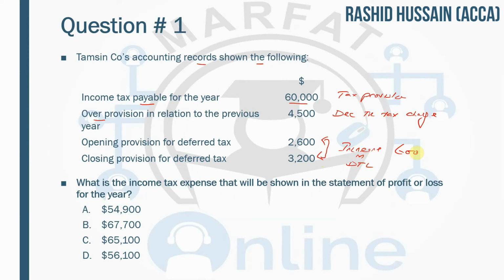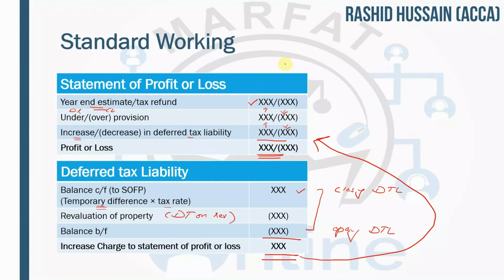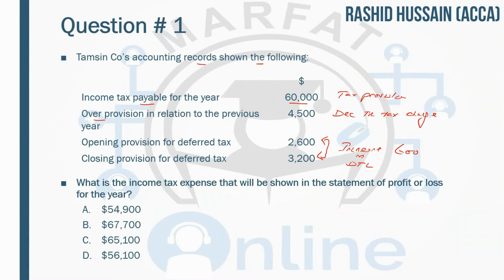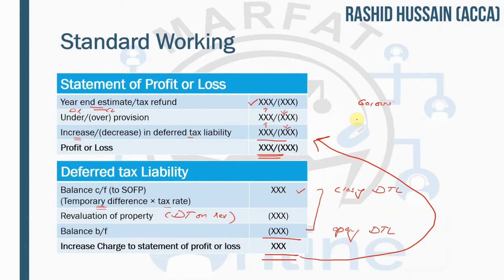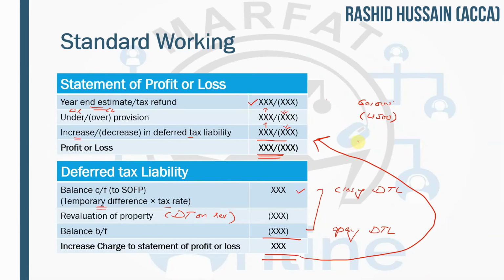Let's take these figures to the previous format. Income tax is 60,000. All right, this is the expense. Over provision is 4,500, which will reduce the tax charge. Increase in the deferred tax liability is 600, which is an expense.